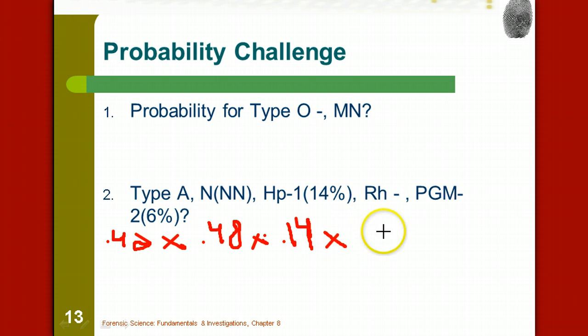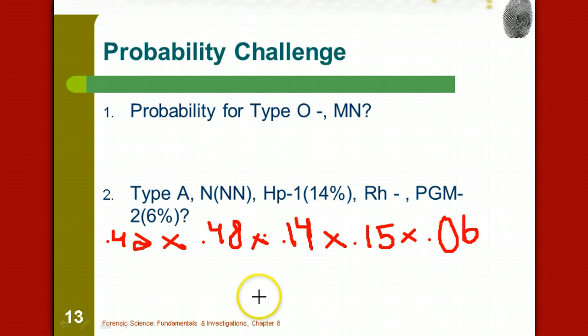The Rh is 0.15 because that one was negative. And then the PGM2 is 6%, so then my final is 0.06.